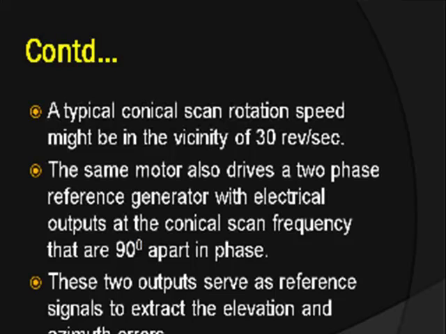The same motor also drives a two-phase reference generator with electrical outputs at the conical scan frequency that are 90 degrees apart in phase. These two outputs serve as reference signals to extract the elevation and azimuth errors.